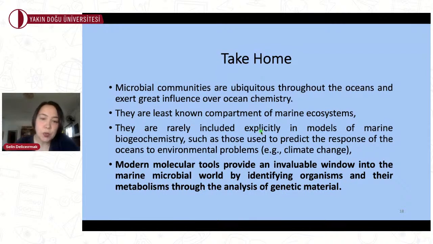And modern molecular tools provide an invaluable window into the marine microbial world by identifying organisms and their metabolism through the analysis of genetic material.